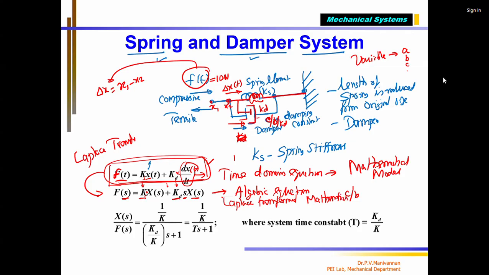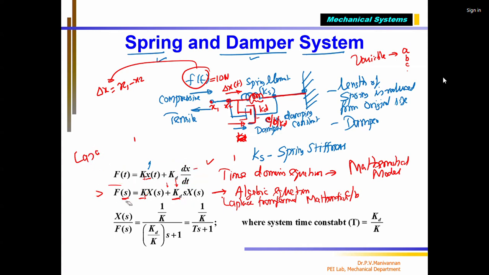I told you a mathematical model is nothing but writing individual system elements, their input-output characteristics, and connecting them with appropriate mathematical operators, you get the system equation. Again, I want to show that already we have written the system equation in time domain.